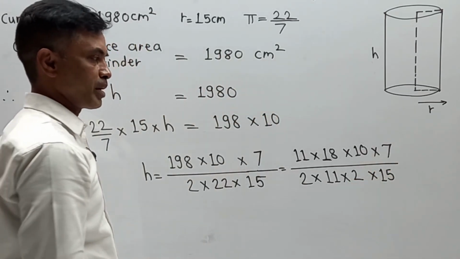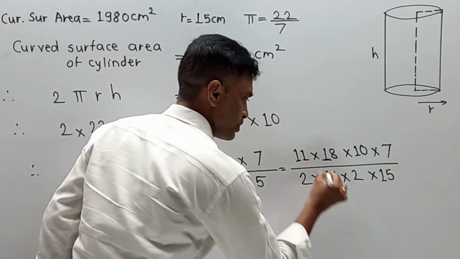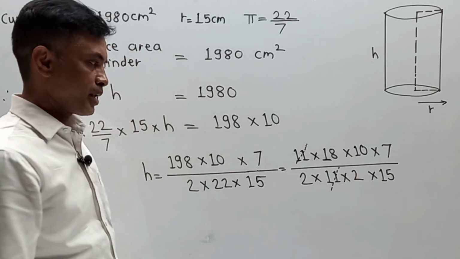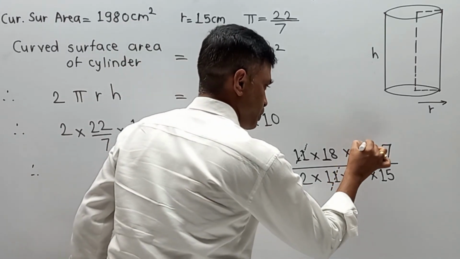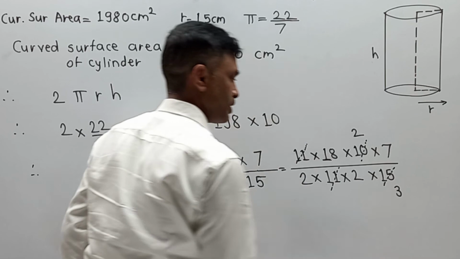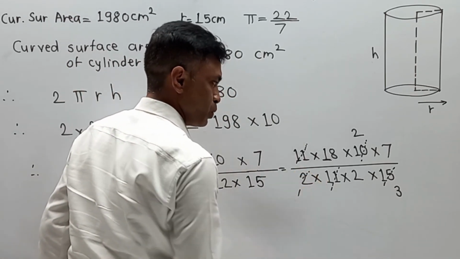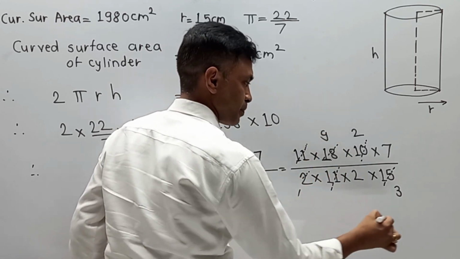Now please pay attention one by one. Here simply you can cancel numbers: first 11 gets cancelled with 11. Now 5 2s are 10, 5 3s are 15. Next, 2 1s are 2, 2 9s are 18.